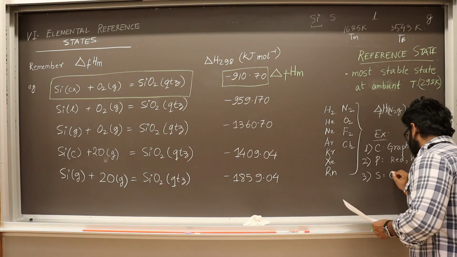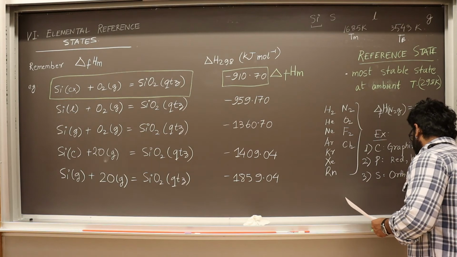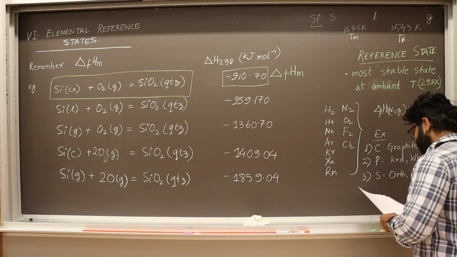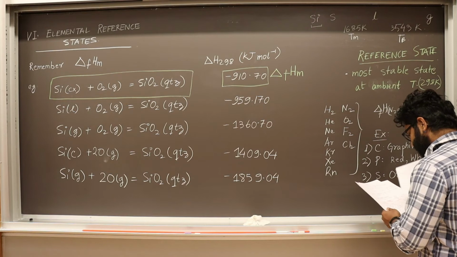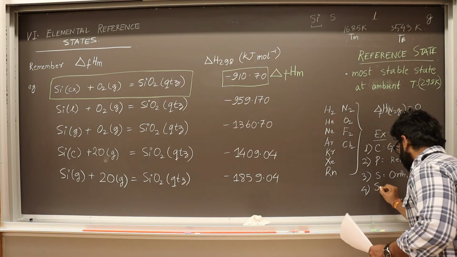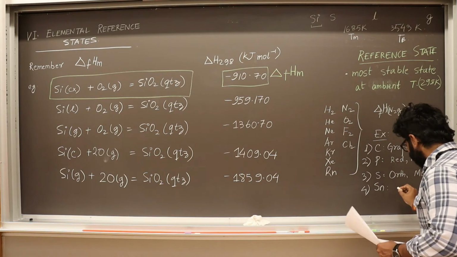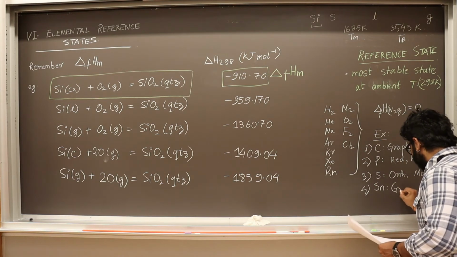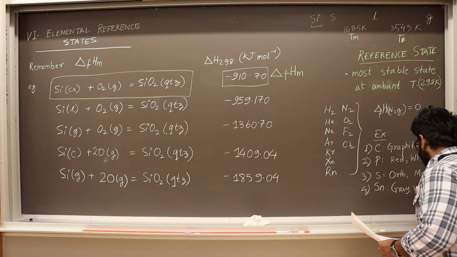which is basically the orthorhombic and the monoclinic, and the fourth is tin. SN, tin, which is found in the gray and the white.